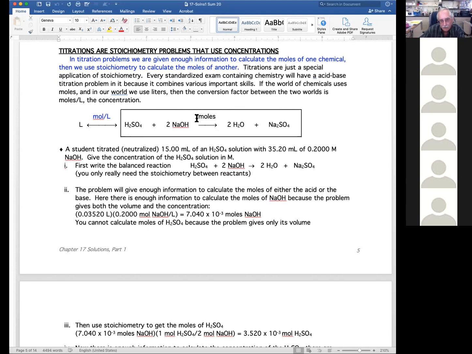During stoichiometry, we're like, well, what if we were out here, we got grams? But now with the titration, using liquids, what if we got liters? We measure things out by volume over here. We got liters over here. We want to get moles. What's the conversion factor? Maybe moles per liter. That's our conversion factor. So it's just simply stoichiometry using moles per liter.